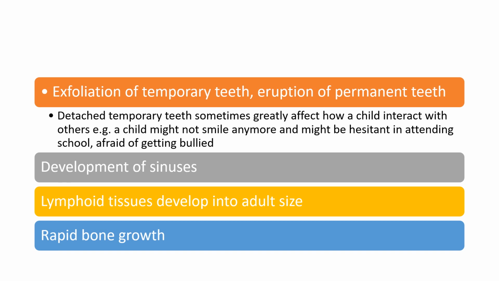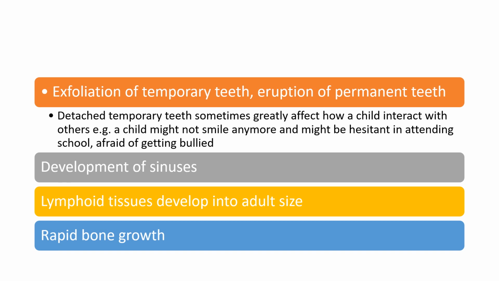Rapid bone growth. If you've noticed, during this age, 6 to 12 years old, this is the time of circumcision for boys. So that's why we have concepts like "natuli na siya, so tatangkad na siya." But actually, at this age, circumcision doesn't have anything to do with their height.